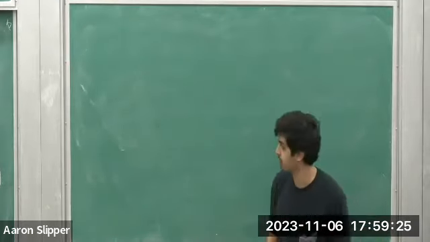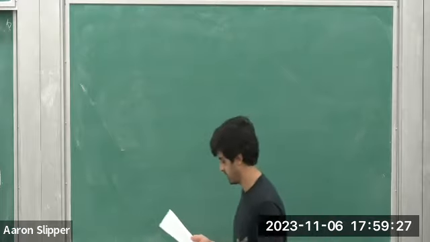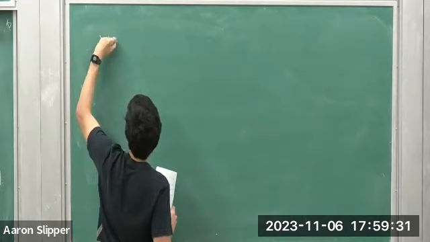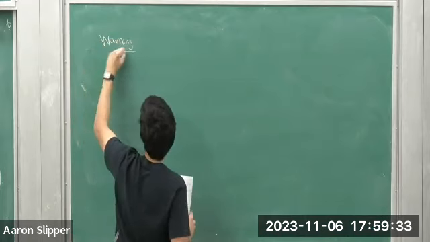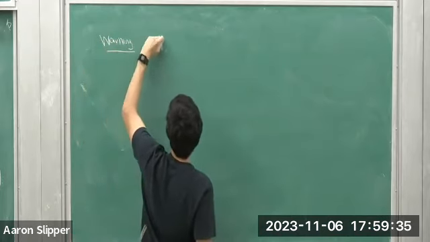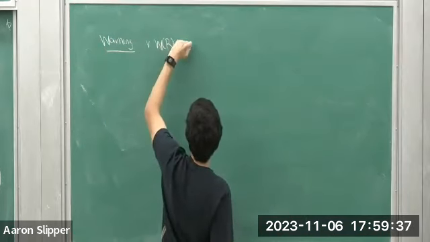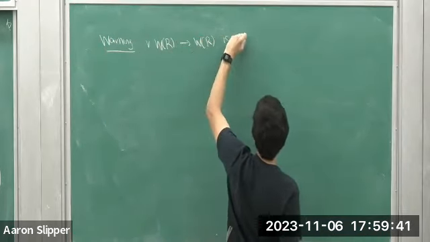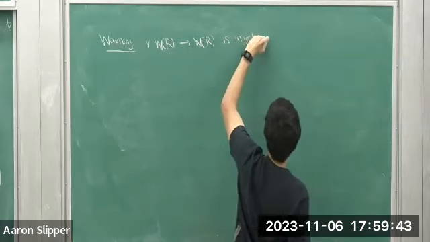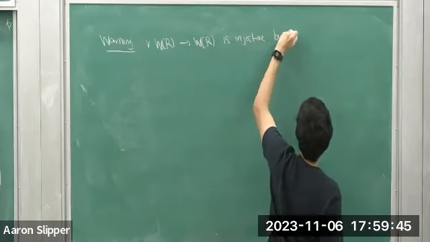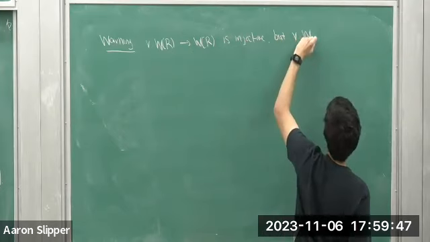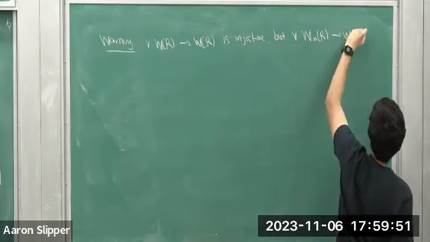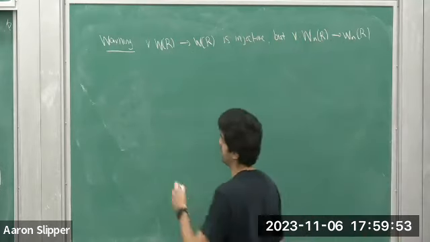So as was pointed out, there's an important distinction here: V from W(R) is injective, but V from W_n(R) need not be.